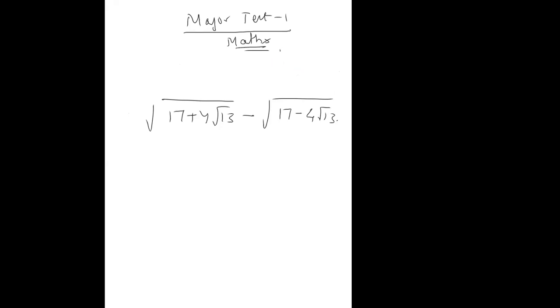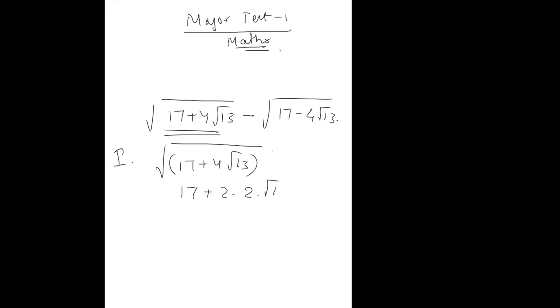Method first. The value of this within the under root: a square plus b square plus 2ab.